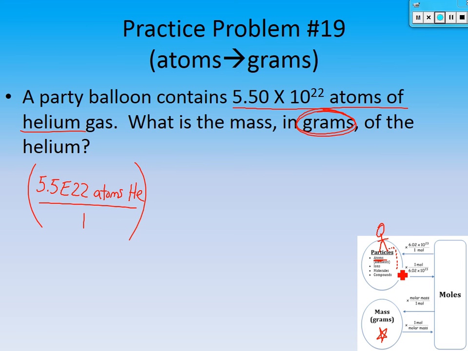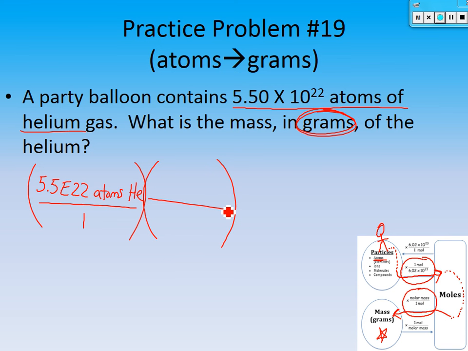The bottom one, because that one points to the right toward moles. Once I get to moles, I can't stop there. I'm going to come down here, and which bridge should I cross? The top one, because it's pointing that way. So what we did is just mapped out what conversion factors we need to times our number by. And you have to do it in that order. So let's put them in.